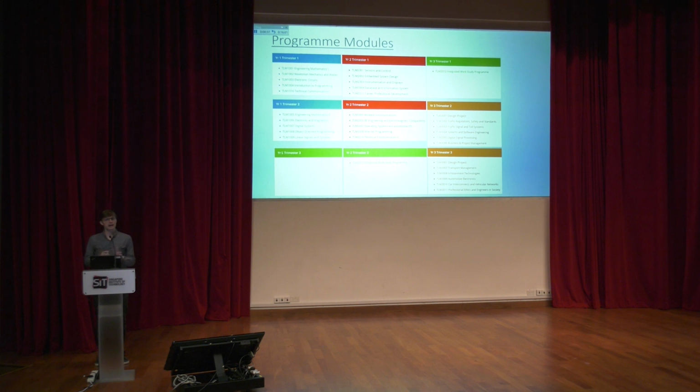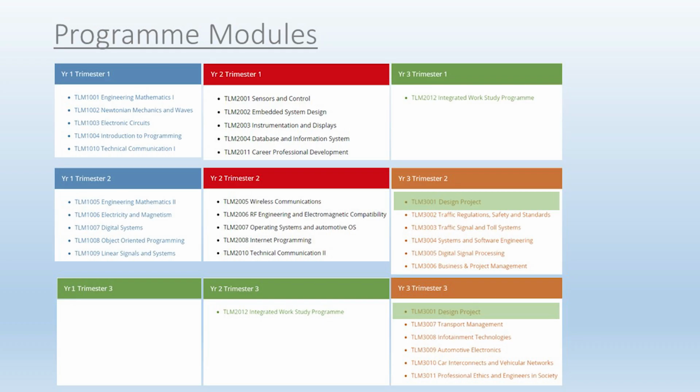But then already in the second year you can see, aside from more traditional core modules like embedded system design, sensors and control, we have already modules like, for instance, operating systems and automotive OS, wireless communication, internet programming.